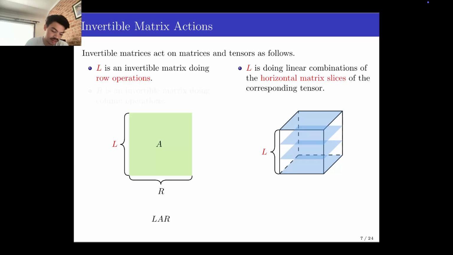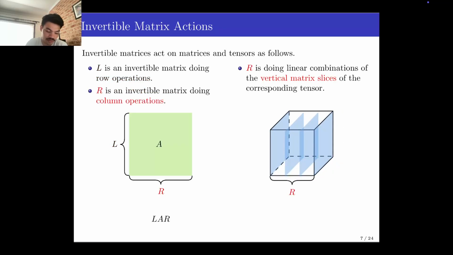We also have actions of invertible matrices acting on each side. So L will do row operations on a matrix, and the matrix that acts on the left will do linear combinations of the horizontal matrix slices here.